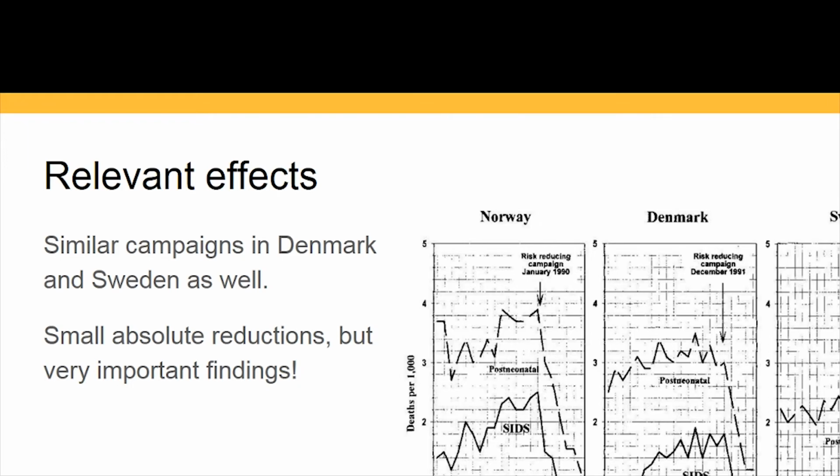Now, our topic is significance versus relevance. And these were small absolute reductions, right? We're talking 1 or 2 per 1,000. Still extremely relevant and important. And this concludes the part about significance versus relevance.